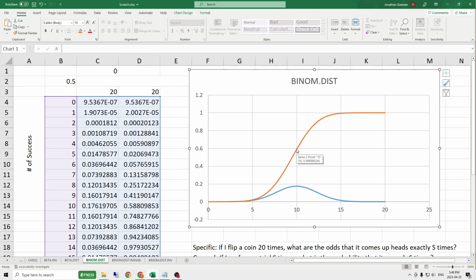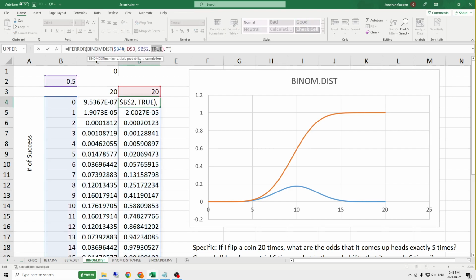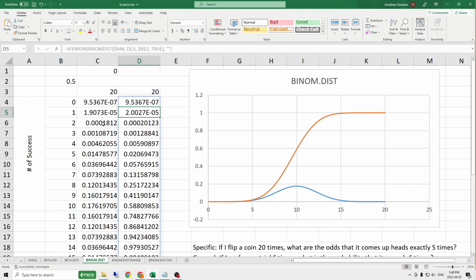And what that means is that there is a 60% chance, if I take a fair coin and flip it 20 times, that I will get 10 heads or less. So 10 or 9 or 8 or 7, etc. That's what that means. And that's what the cumulative part is for. It's just whether or not we're accumulating that value.